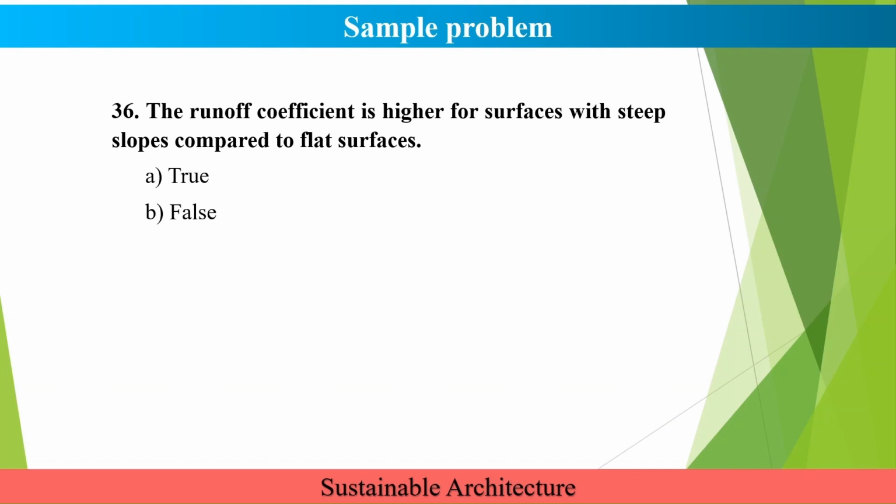True. Yeah, it is true. That is, the steep slope increases the runoff coefficient because the water flows more quickly off steep surfaces compared to the flat ones, leading to more runoff. So, is it clear? Yes, sir. So, let's move to the next question.